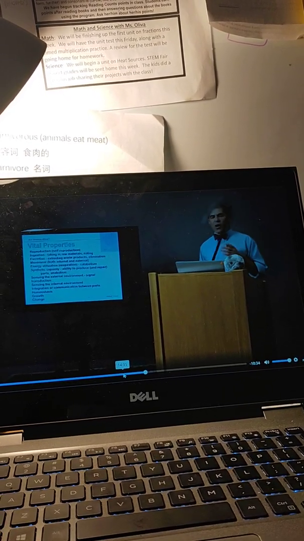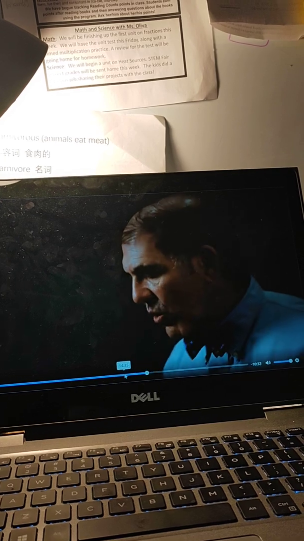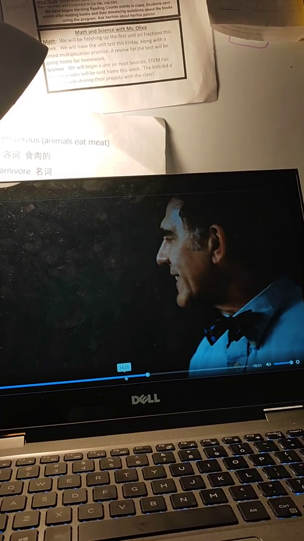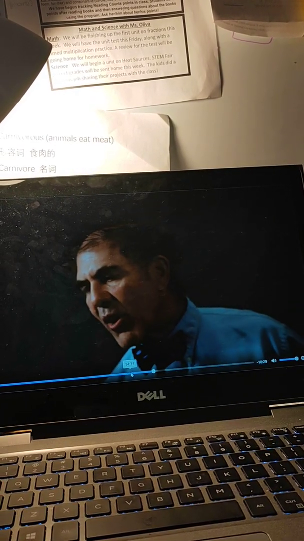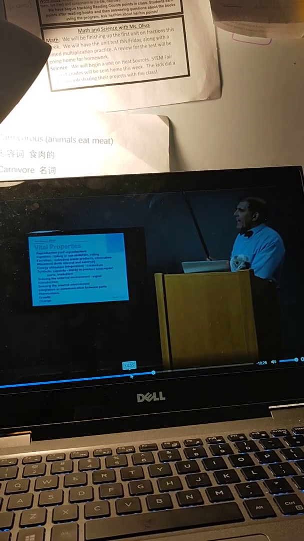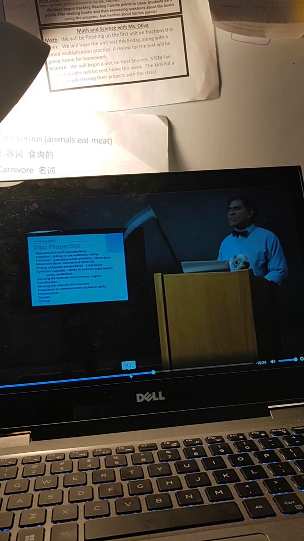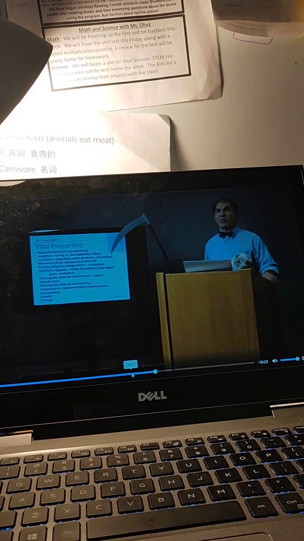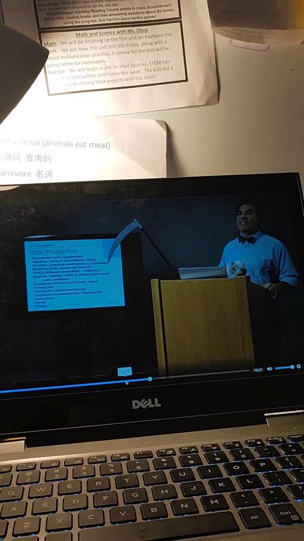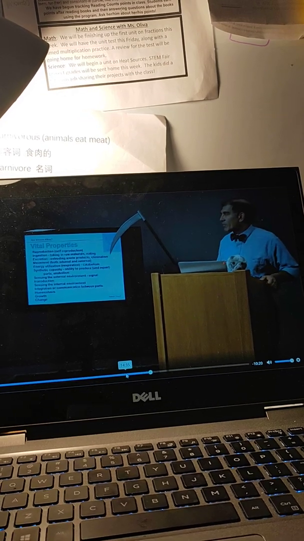Okay, so how do viruses do on this vital properties definition? Well, let's go back through this list. We said viruses do very well on the first thing. They're able to reproduce, at least with the help of cells, which they take over.